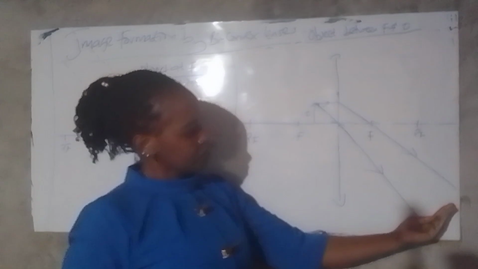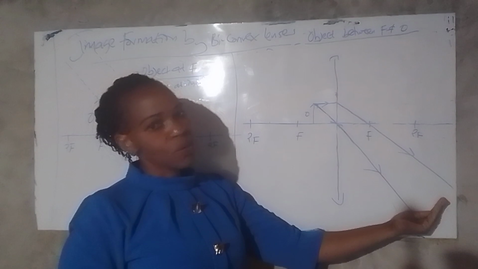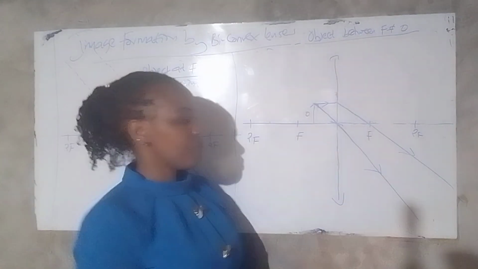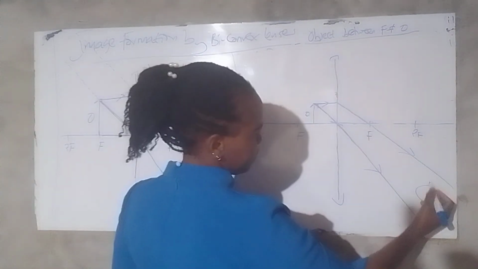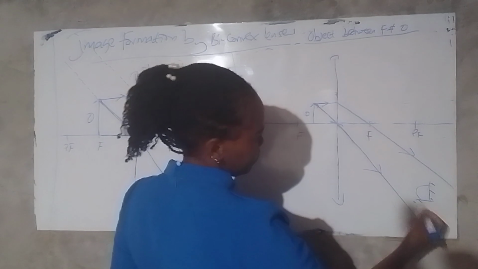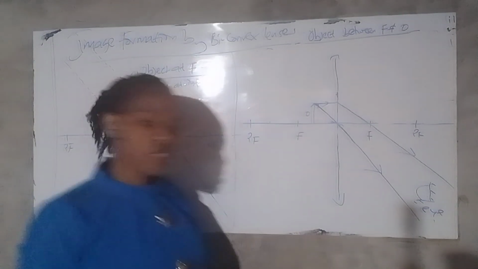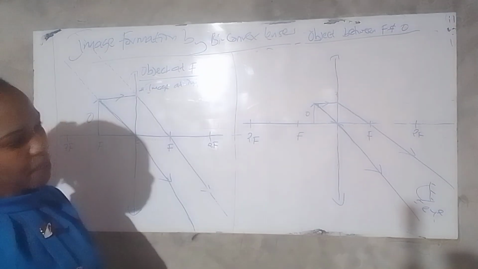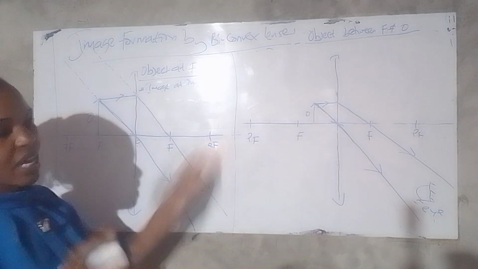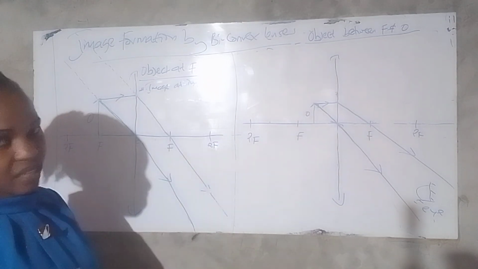But your eye, if your eye is here, where will these rays look like they are coming from? If you press your eye there, these rays look like they are coming from somewhere, because remember they are diverging rays, and diverging rays come from a certain point.